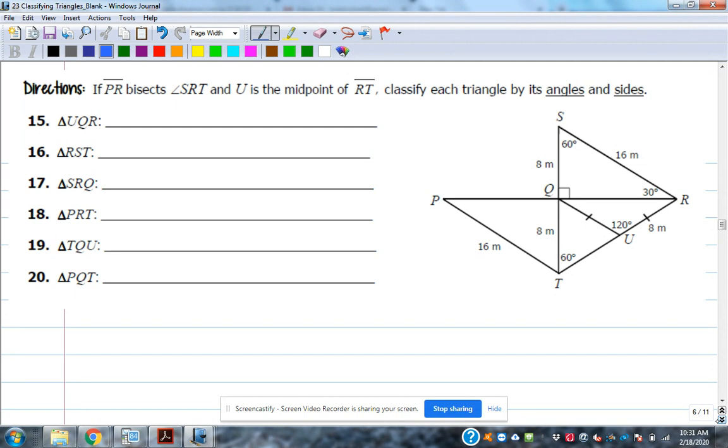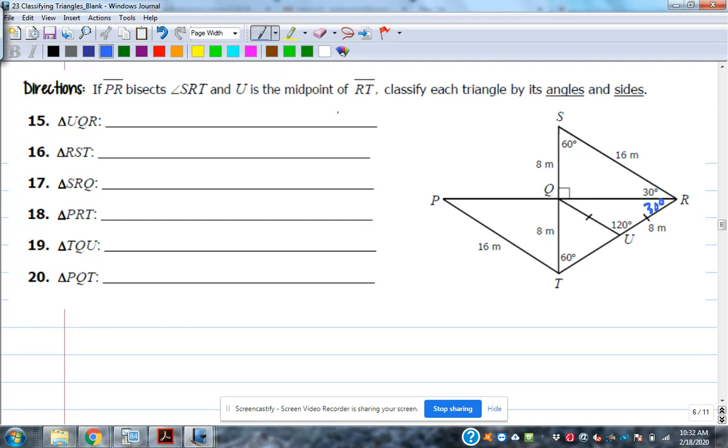So if PR bisects angle SRT, what do we know about this angle and this angle? They're congruent because of the definition of angle bisector. So we know that that's a 30-degree angle there. If this one is 30 degrees, then that one has to be 30 degrees.